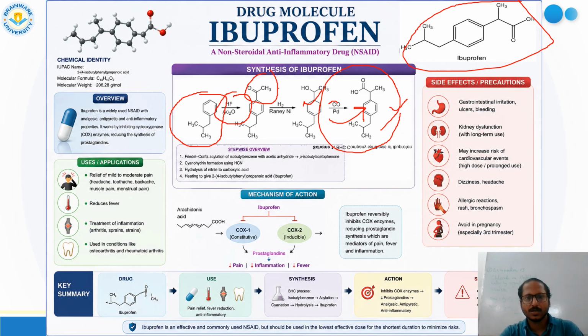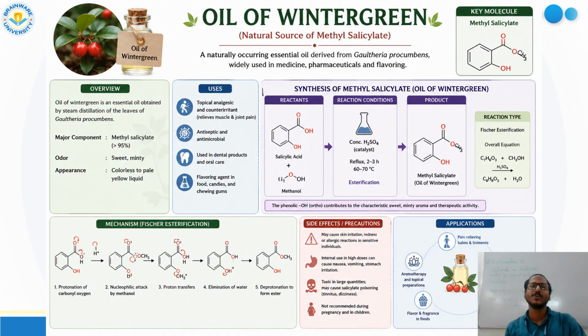Now the next one is a very famous and very simple molecule, that is oil of wintergreen. That molecule is a naturally occurring drug molecule and can also be made synthetically.